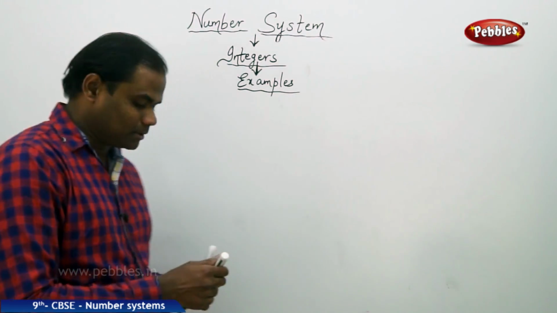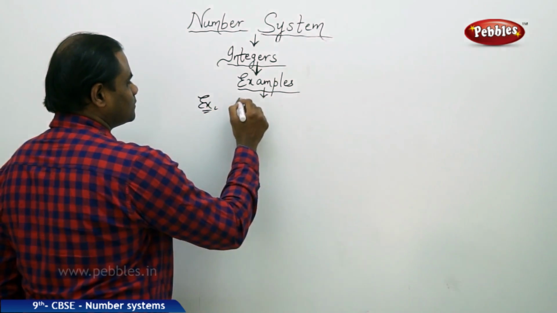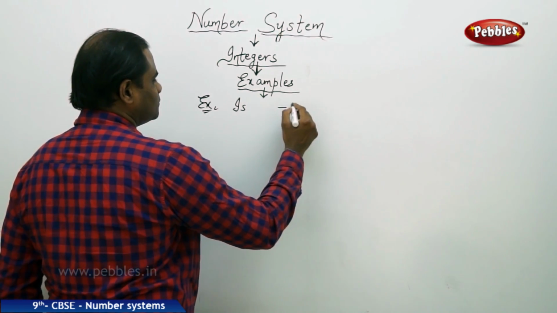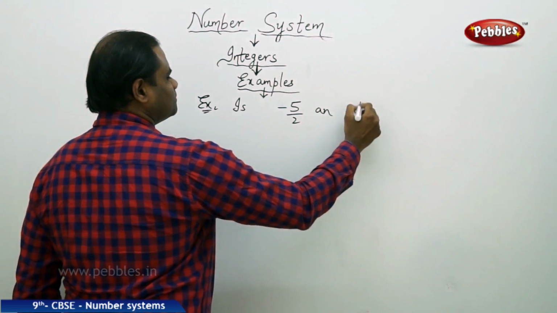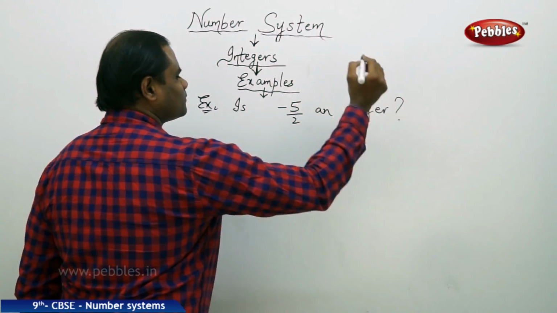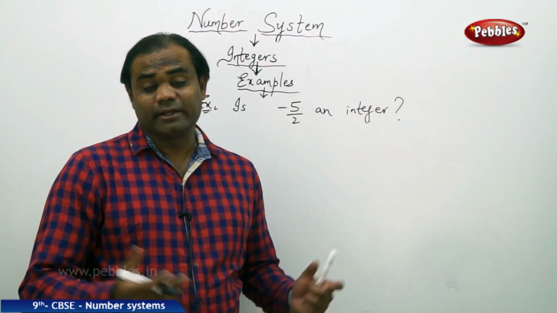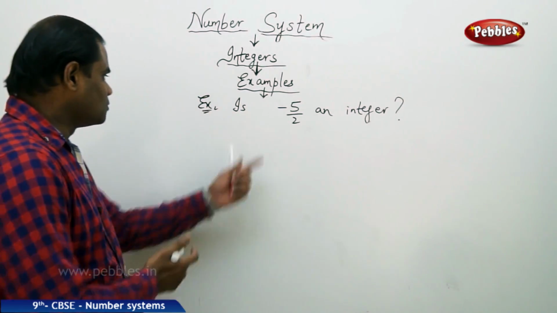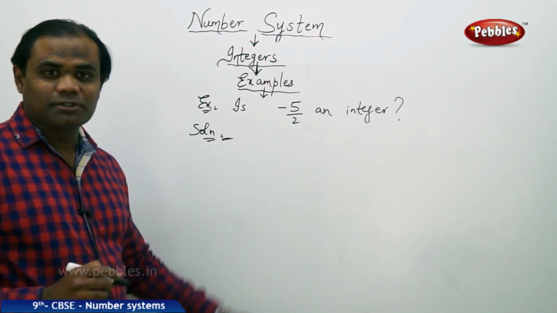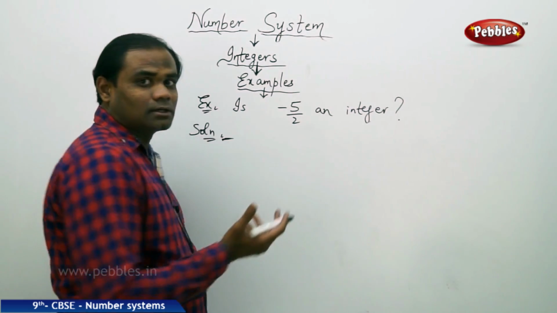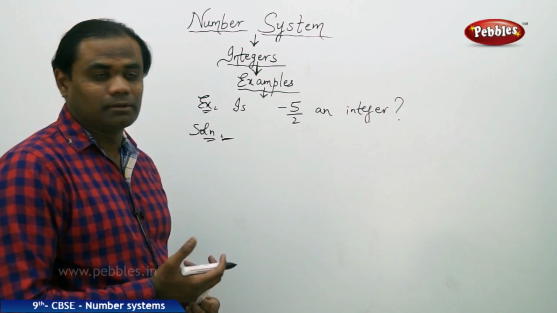To start with an example, my question here is: is minus 5 by 2 an integer? So let's try to identify the classification of this given number using the concept of the integer or a natural number or a whole number.